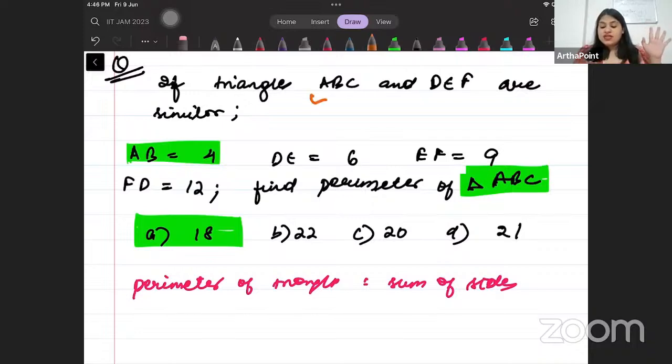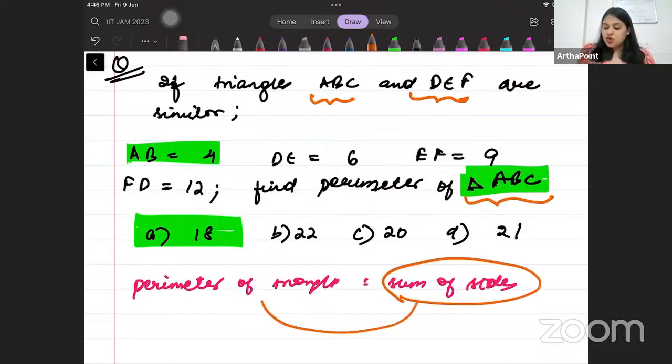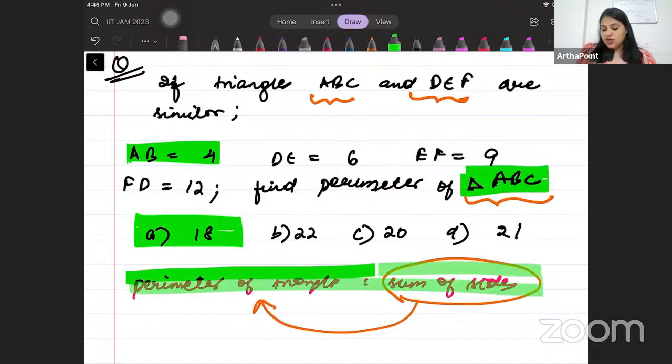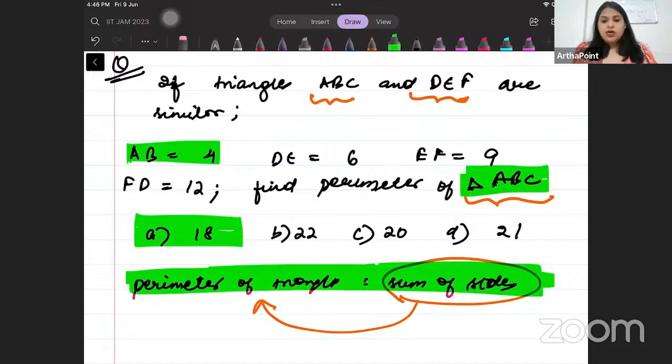But these two triangles are similar to each other. So the ratio of sides should be equal. So find out the other two sides of ABC. Then the sum of sides is called the perimeter of the triangle. So find out the perimeter of this triangle. Please do this. Don't skip on this question. Try to do this.